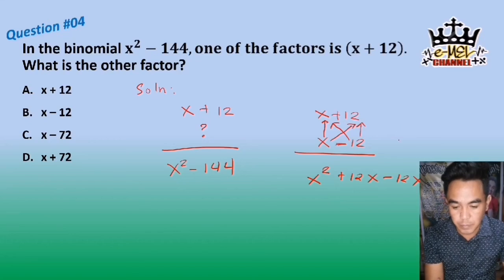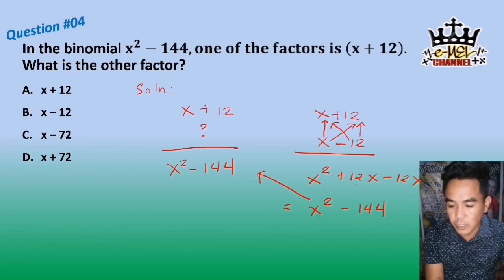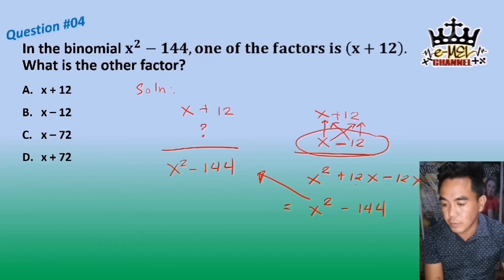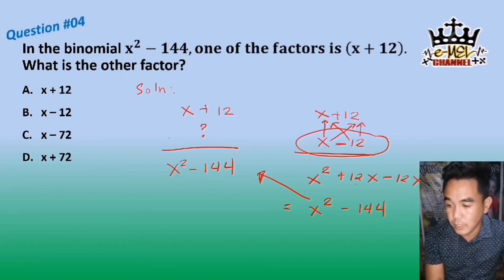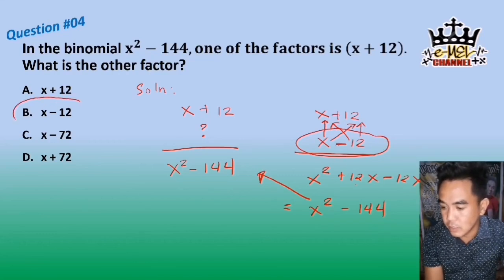By combining terms, 12x minus 12x becomes 0. So we have now the final answer as x squared minus 144, which gives the correct answer. Therefore, our answer for this problem is x minus 12, and the answer is letter B.